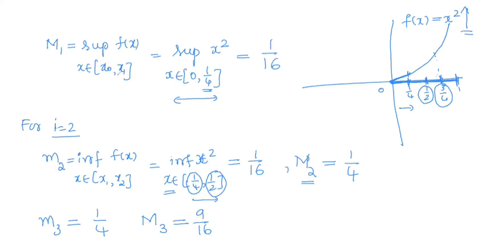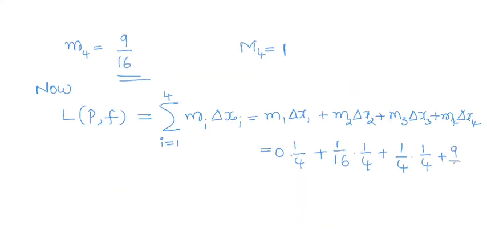It is 9 by 16 into 1 by 4. On simplifying this value, I'll write the simplified value directly. You will get the value to be 0.21875.